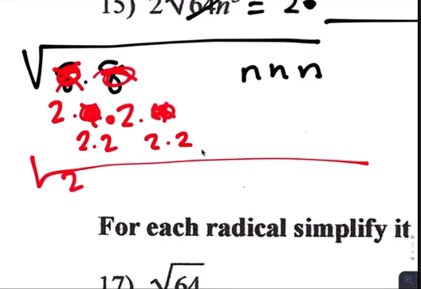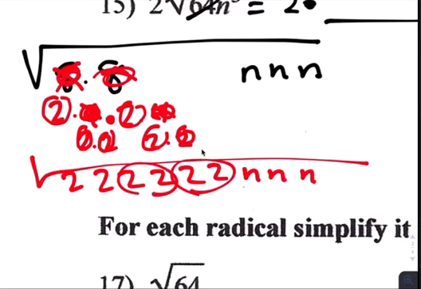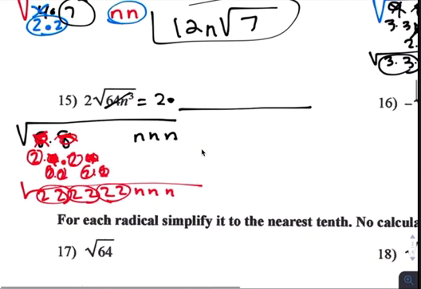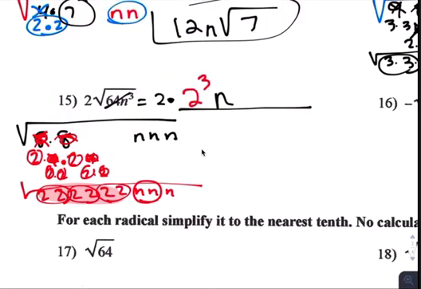So it's 1, 2, 3, 4, 5, 6. 1, 2, 3, 4, 5, 6, and then 3n. So 1, 2, 3. N to the, not to the third, it's 2. These are 2. 2 to the third, and then only one pair of n. Okay, multiply these here.